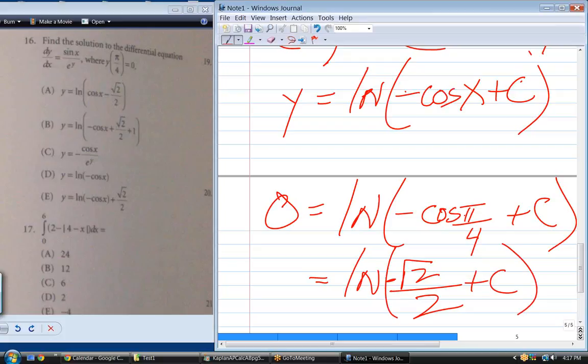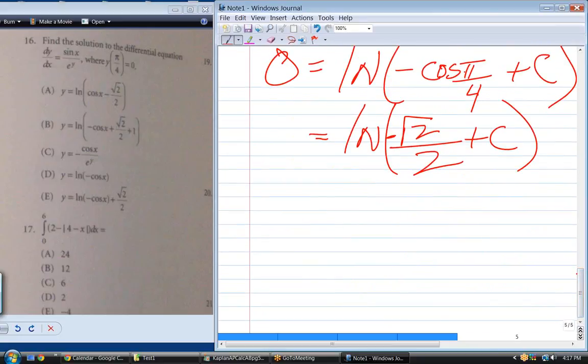So, what does this argument have to be for everything to be 0? In other words, for me to take the natural log of this number in parentheses and come up with 0, what does this thing in parentheses have to be? The natural log of what number is equal to 0?